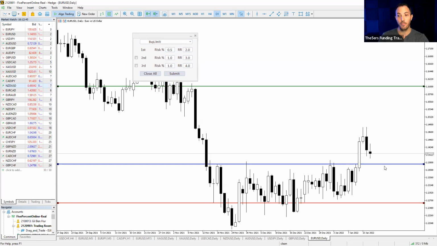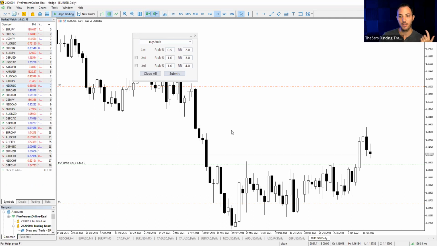So based on the distance between my entry point and my stop loss, that will calculate how much lot size needs to be risked on the account. So just click submit and it places the order for you. In this case it is 0.05 lot size in order to risk 0.5% on this trade. So it's a very useful tool.